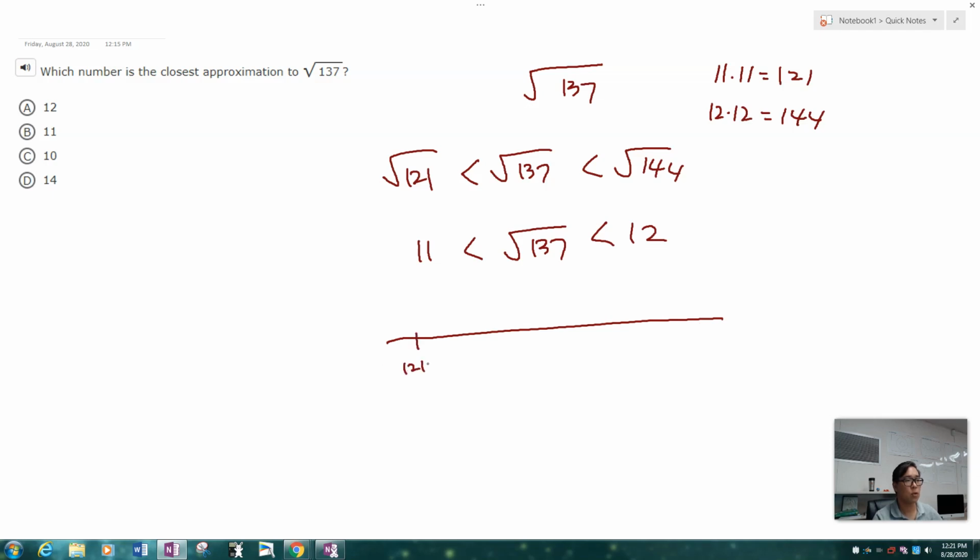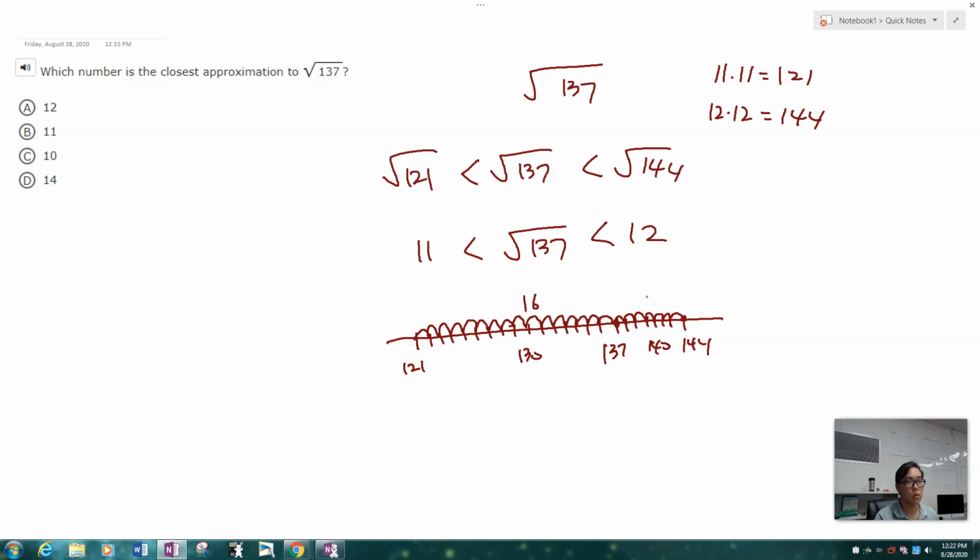Here is 121, 122, 123, up through 130, 131, up through 137, 138, 139, 140, 141, 142, 143, 144. From 137 to 144 is 1, 2, 3, 4, 5, 6, 7 units apart, whereas 121 to 137 is 16 units apart.